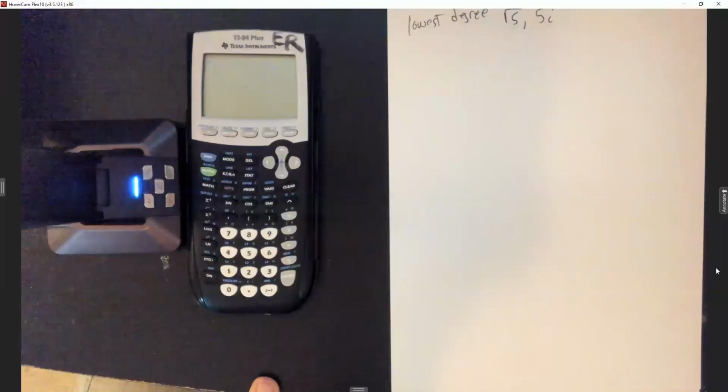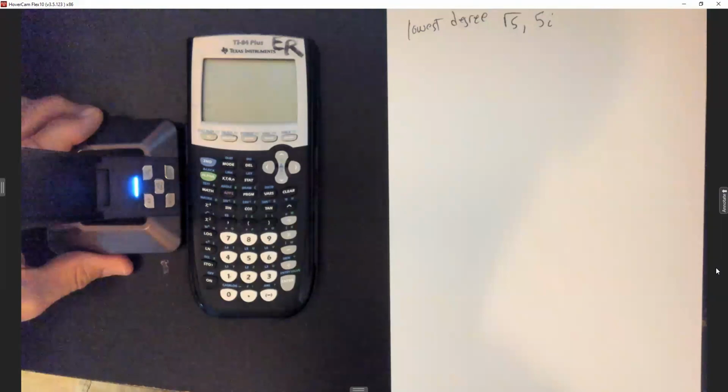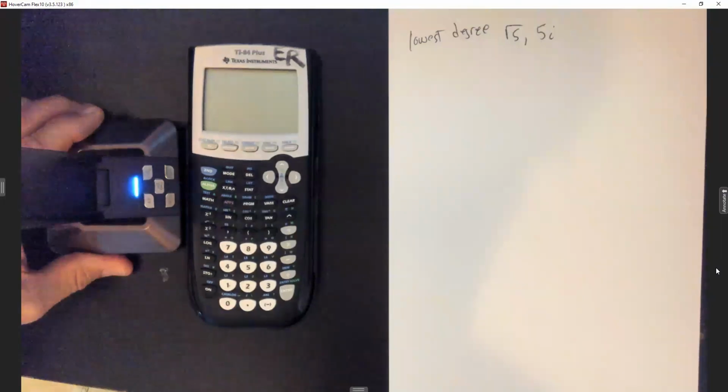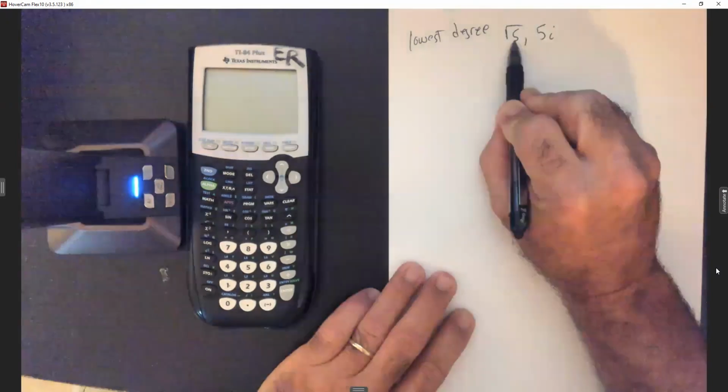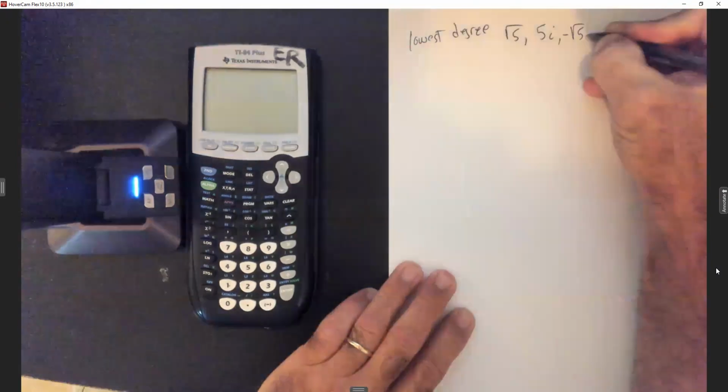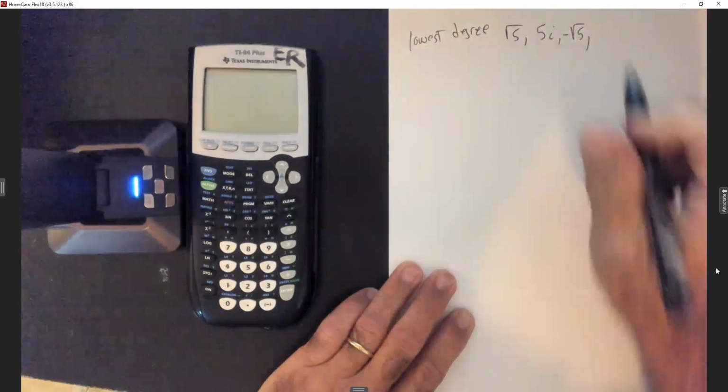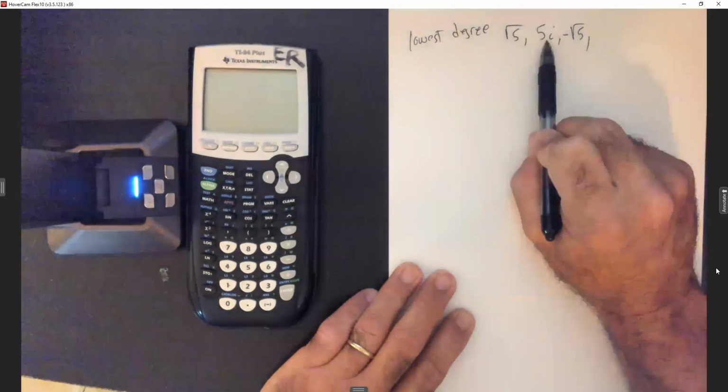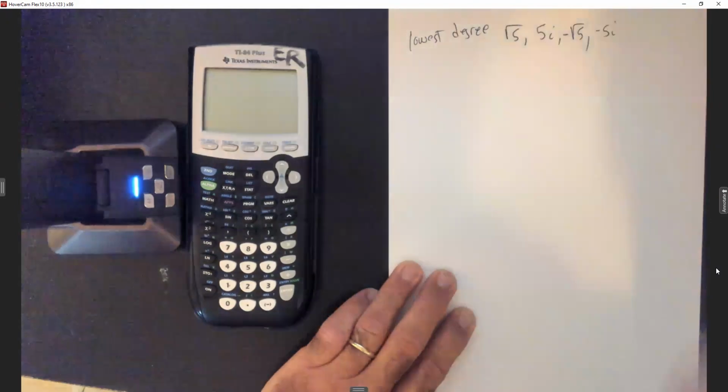So remember, the question I just had a while ago wanted me to find the missing zero. This one wants me to take the zeros and find a polynomial of lowest degree. Well, I know if square root of 5 is a 0, then negative square root of 5 has to be a 0. And I know if a 5i is a 0, then a negative 5i has to be a 0.